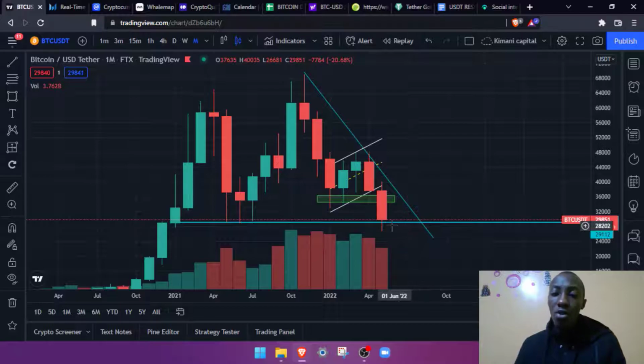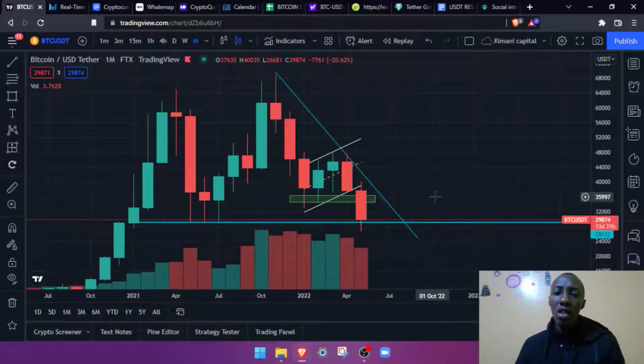By relief bounce, that means we are not going back into a bull market. We are going to see a relief bounce off of this support, just enough to make people bag some profits before we go further down, and also a way to give hope to the market and revive the fear and greed index to at least the middle.